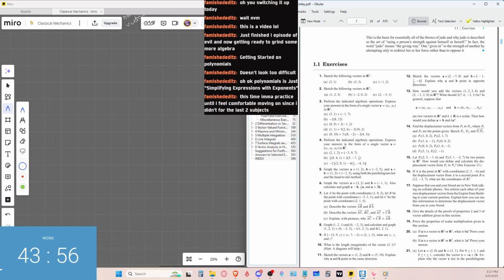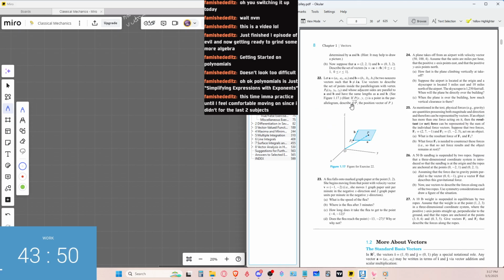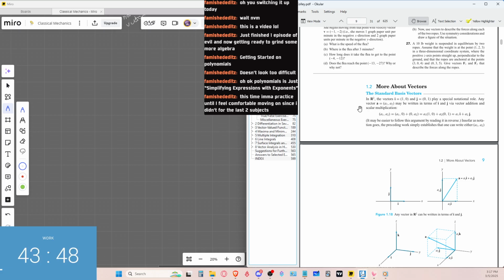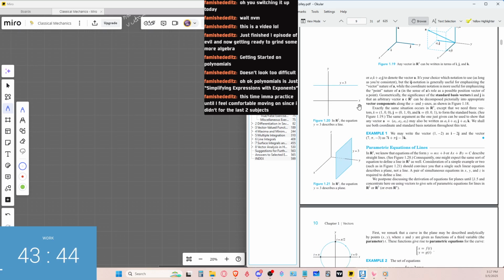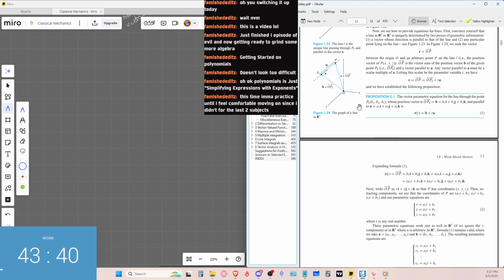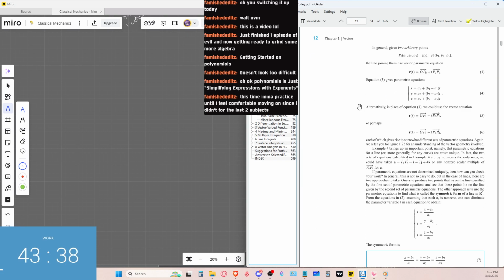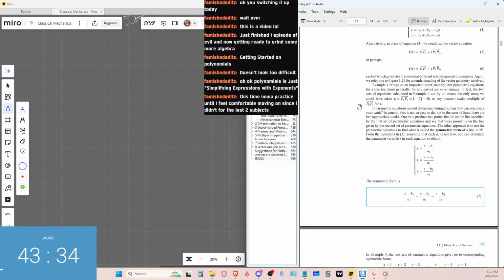Let's see. What is this chapter called? Vectors in 2 and 3 dimensions. More about vectors. Let's see what is in here. So they talk about unit vectors. Oh, they actually show you the symmetric form.